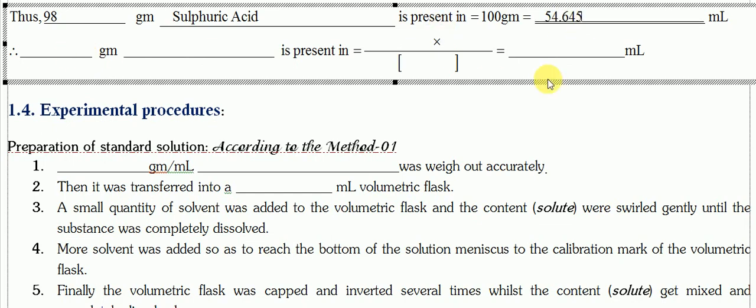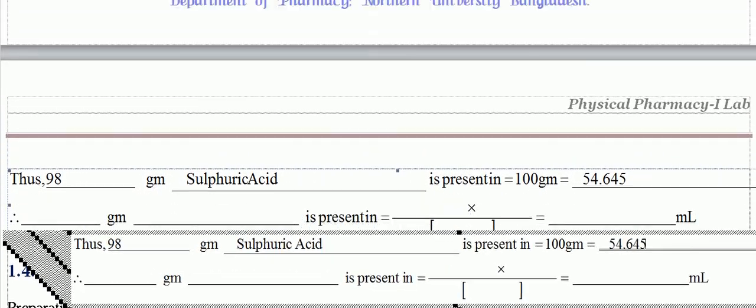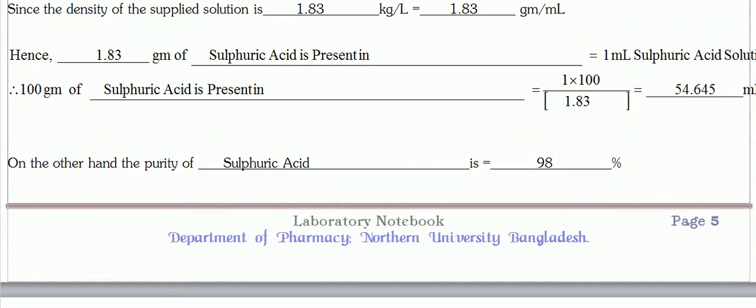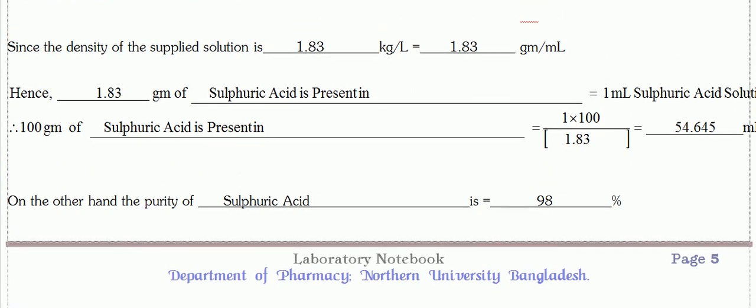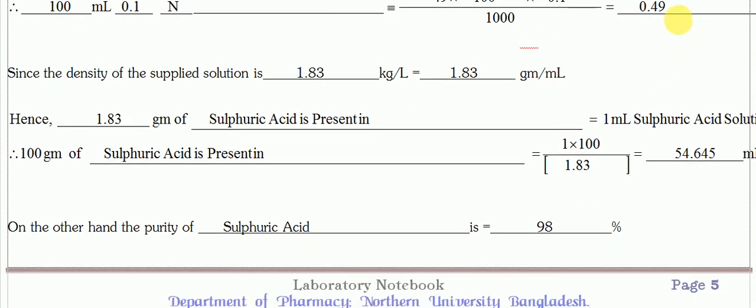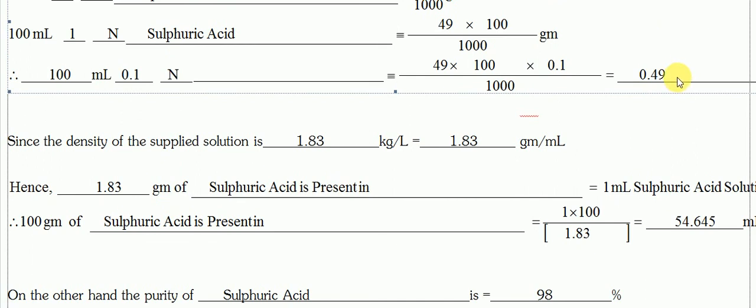And we have found that from this line we can find out the volume of sulfuric acid required. That means this line will convert the gram into ml. This line has already converted the gram into ml, and we have to convert 0.49. We have found that for the preparation of 100 ml 0.1 normal sulfuric acid, we need just 0.49 gram of sulfuric acid.